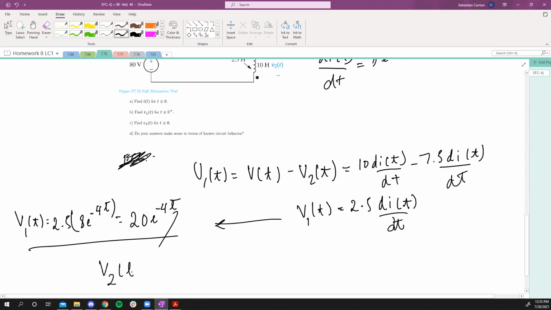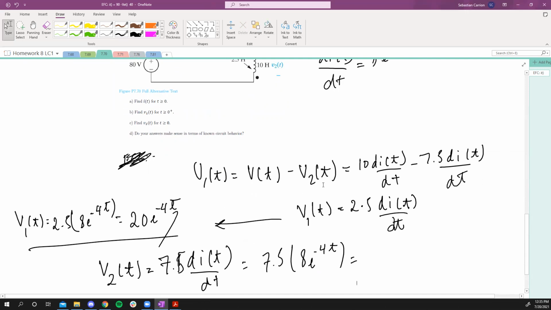Now we want to do v2. We know that v2 is 7.5 di(t)/dt. So 7.5 times 8e^(-4t). 7.5 times 8 is 60.